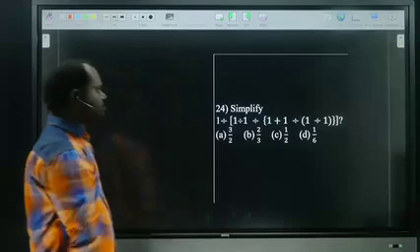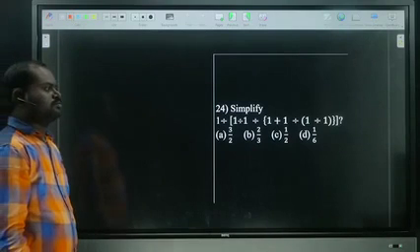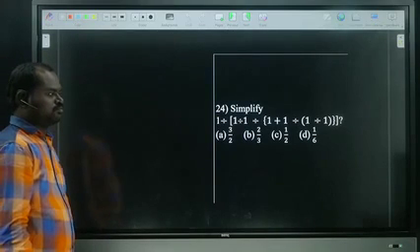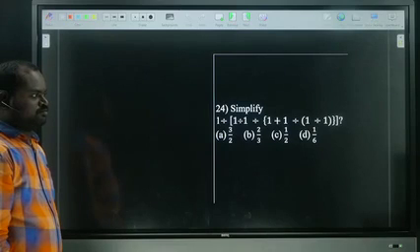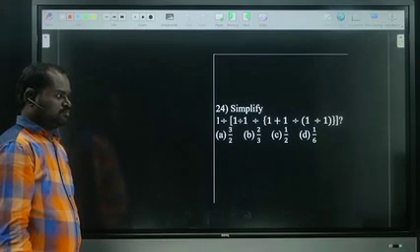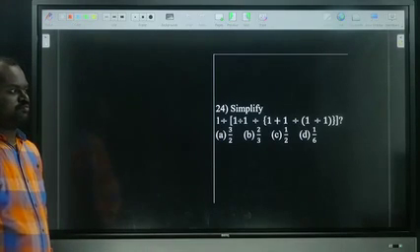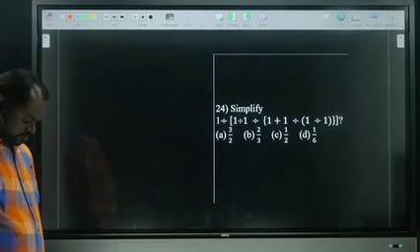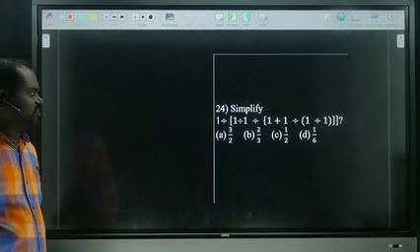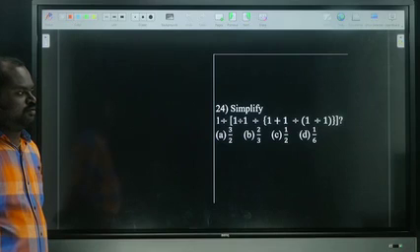Now try this. Option C. Shall we see now?